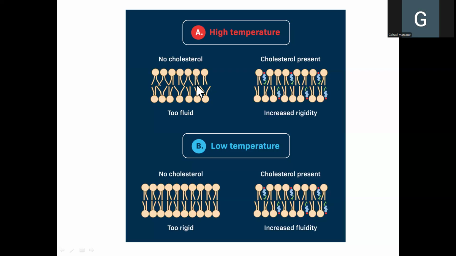They do not carry any charge, whether a true charge or a partial charge. And since they are nonpolar, they are hydrophobic. They fear water and tend to clump away from water. This is the structure of the cell membrane, or the phospholipid bilayer.